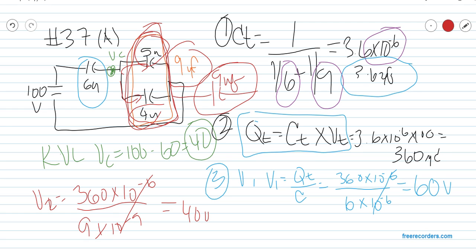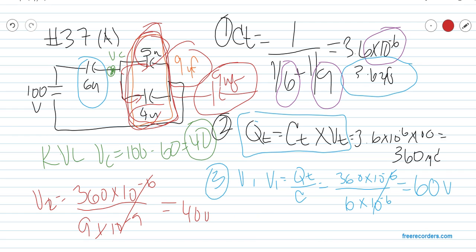So to review real quick, to solve these problems where you have a voltage source and capacitors, and you want to know the voltage for each capacitor, the first step is to find your total capacitance. Then you want to find your total system charge. Total system charge is equal to your capacitance total multiplied by your voltage total.